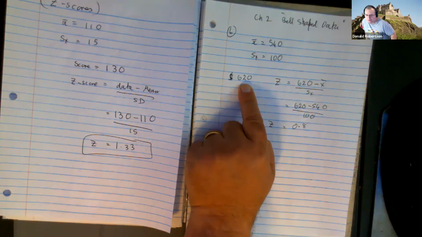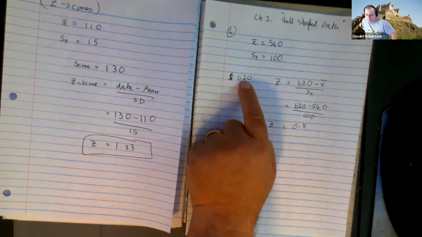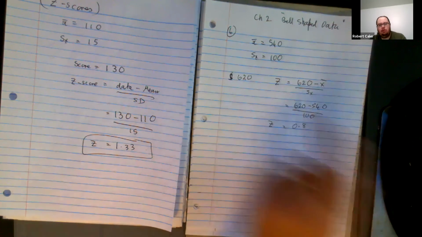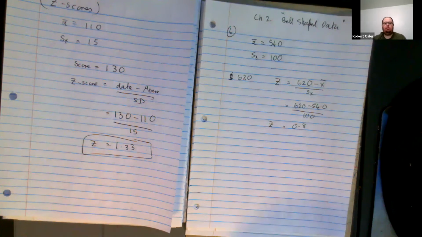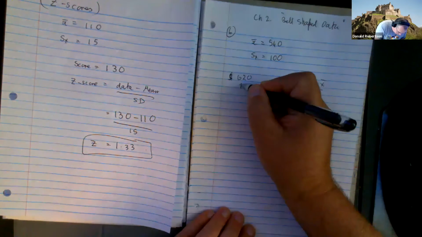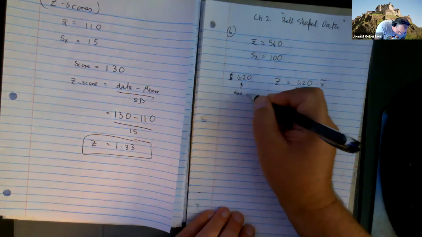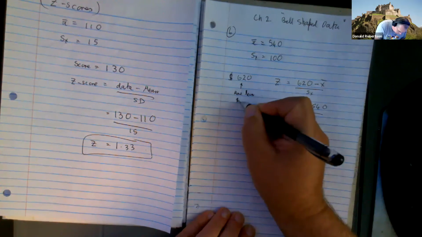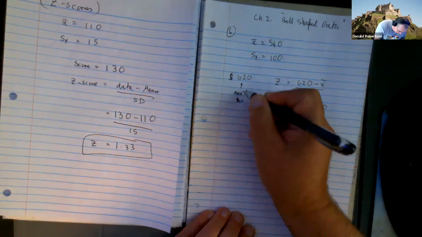The sample is greater than the mean. Is that what you mean, Robert? That number, the sample, is bigger than the mean. Yeah. If you mean that, I agree with you. Yes. So if this number is more than the mean, in which case, what, $540, then you know the Z-score is going to be positive.